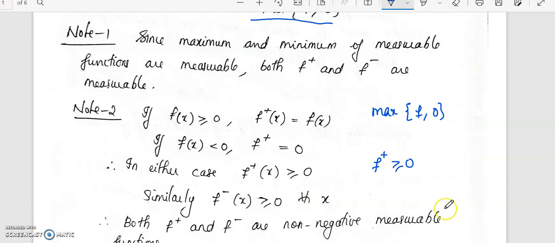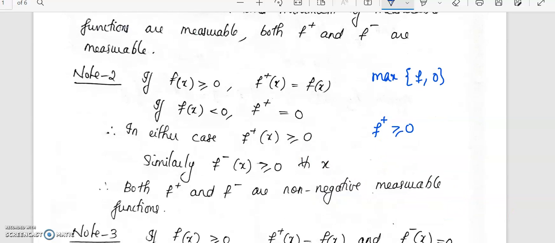Similarly, f minus is the maximum of minus f and 0. When f is greater than 0, minus f is negative, so the maximum is going to be 0. And when f is less than 0, minus f is positive, strictly greater than 0, so the maximum will be equal to minus f.